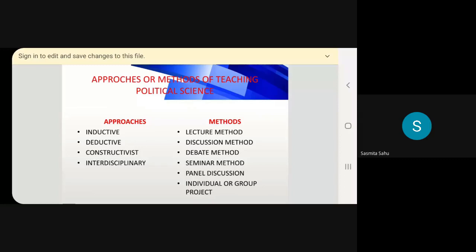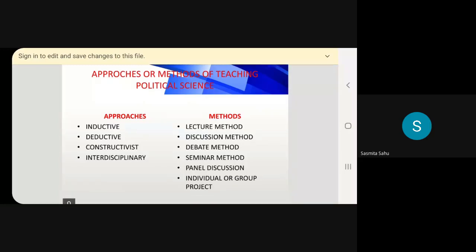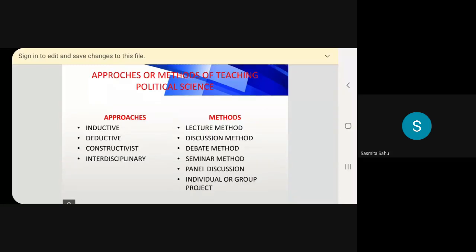Okay, we'll proceed. Approaches or methods of teaching political science. In political science, we mostly deal with the inductive and deductive method, because yesterday I told you Aristotle is the father of political science, and he is also the father of the inductive and deductive method. Mostly we will teach political science with the help of the inductive and deductive method.